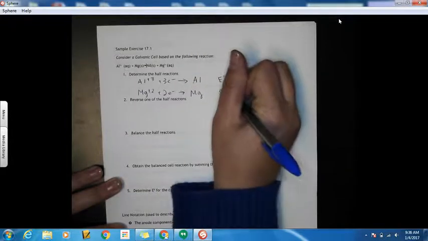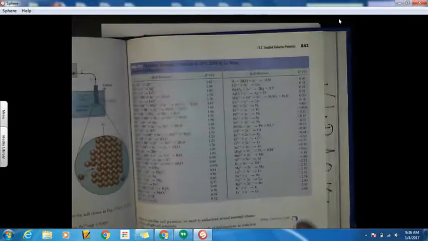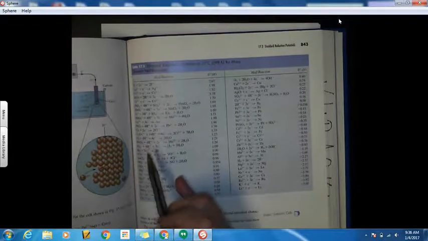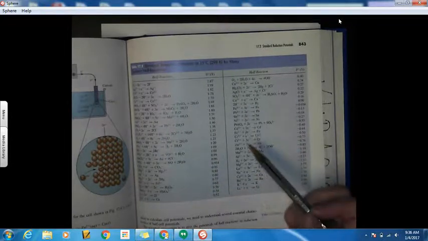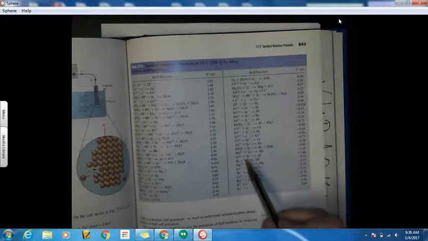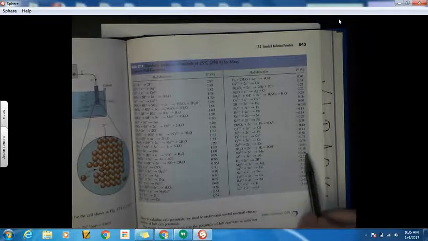So let's look up those values in our textbook in that chart. Give you a minute to do that. Alright, so we find in the textbook on the chart aluminum plus 3 right here is a negative 1.66.